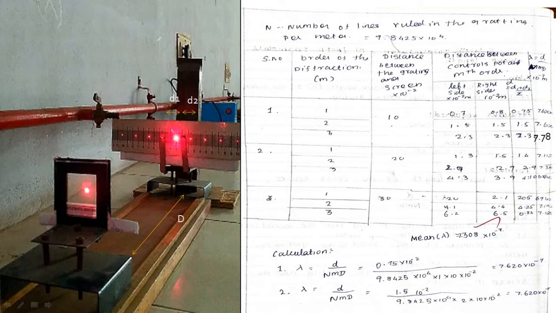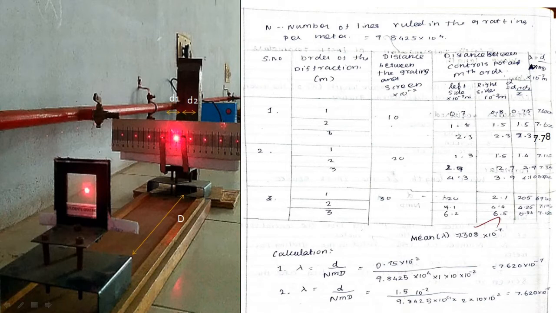For example, the first reading, M equals 1, the distance equals 10 centimeter, d1 value 0.7 centimeter and d2 value 0.8 centimeter. So small d equals d1 plus d2 divided by 2, the average, equals 0.75 centimeters.